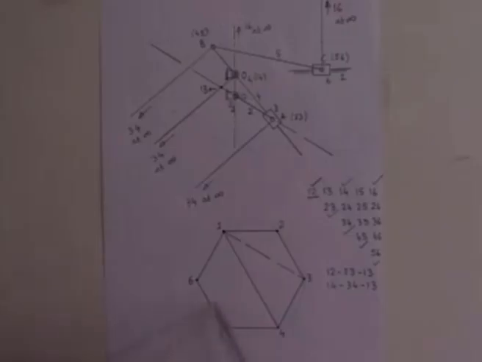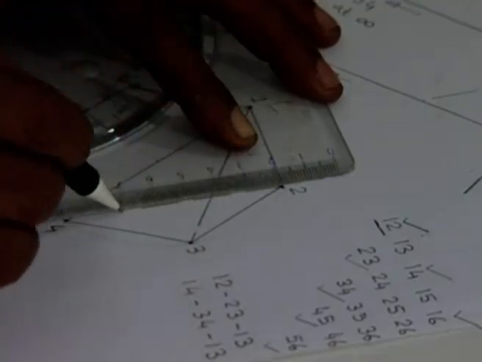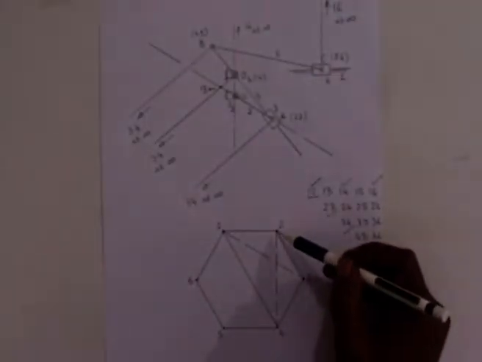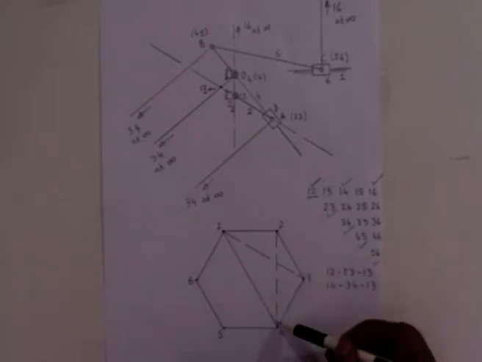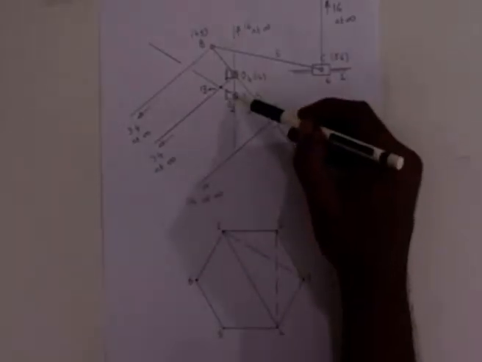Same way I can determine 2, 4. 2, 4 I can consider as lying on a line joining 2, 3 and 3, 4 and also on the line joining 1, 2 and 1, 4. This is 1, 2, this is 1, 4.